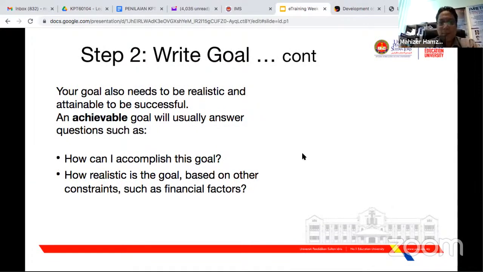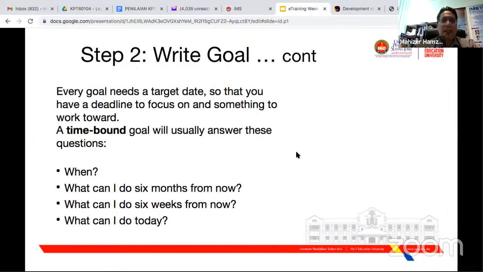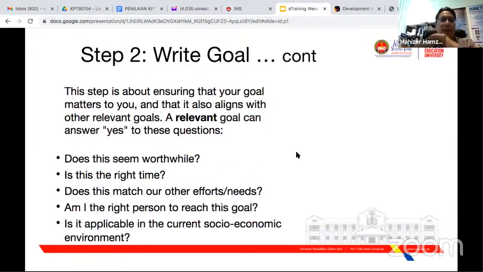Okay. And then next, relevant. A relevant goal can be answered by yes. Does this seem worthwhile? Supposed to be yes, everything to be yes. The right time, is it the right time? Because the industry appointed you, of course it is the right time.